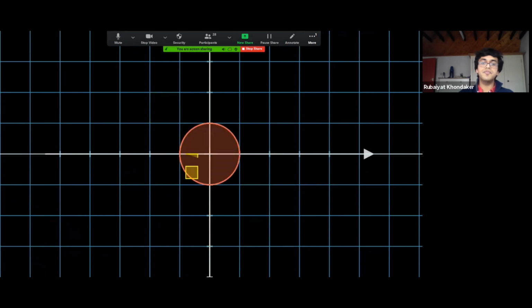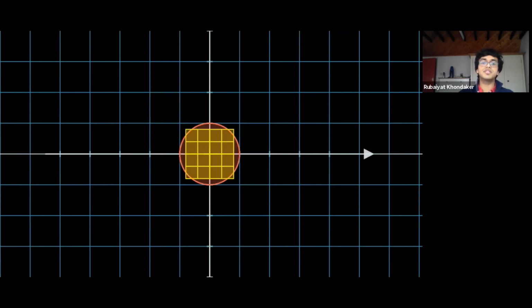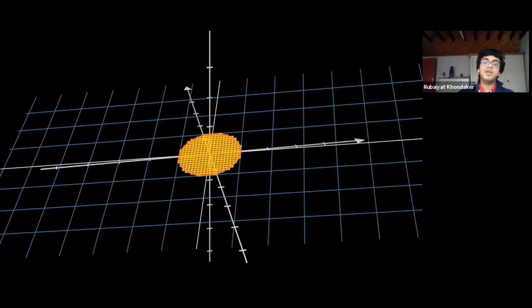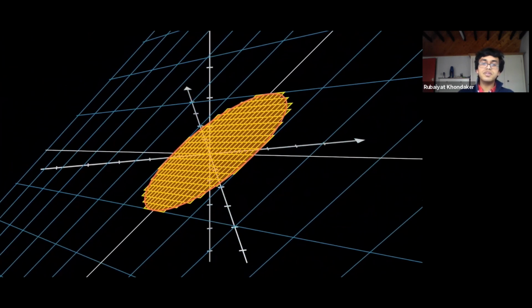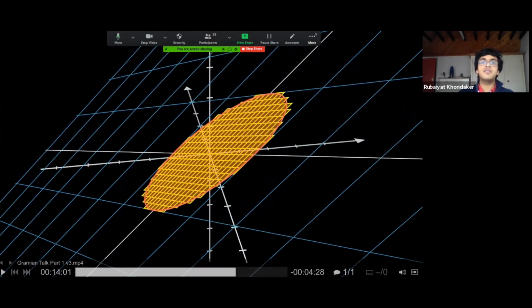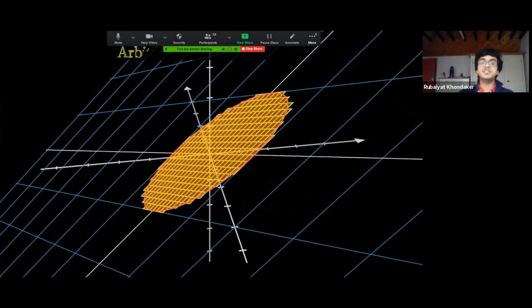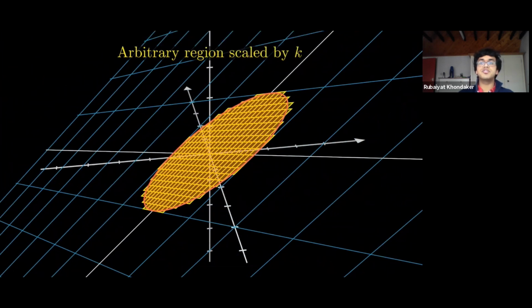And if you do a circle, well, you can approximate a circle with grid squares, and you get better and better approximations for smaller and smaller grid squares. So when you apply the transformation, all of those small grid squares get their area scaled by k. So the area of the circle also gets scaled by k. And in fact, an arbitrary region would have its area scaled by a factor of k.